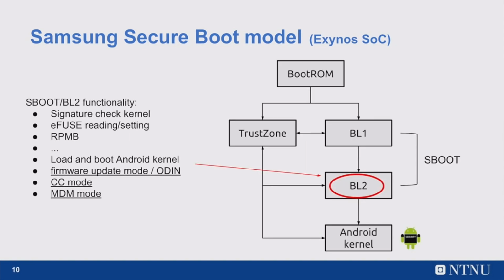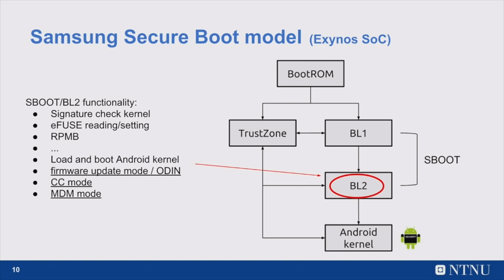Where is this configuration stored? It's stored in a logical partition called PARAM. As this is an Android phone, it has all kinds of different logical partitions on the storage, and one of them is PARAM. So CC and MDM mode is just stored here, so the SBOOT, or bootloader 2, can read it out and see if it should enforce CC mode or MDM mode and block ODIN.